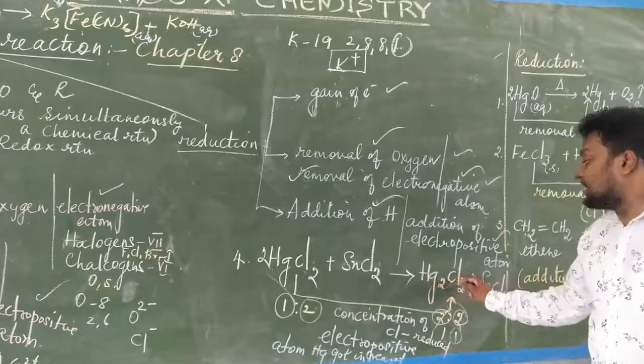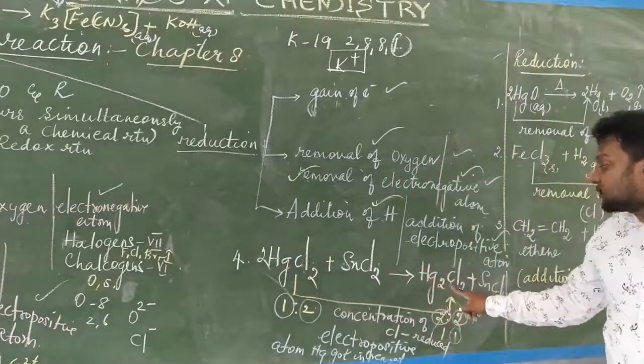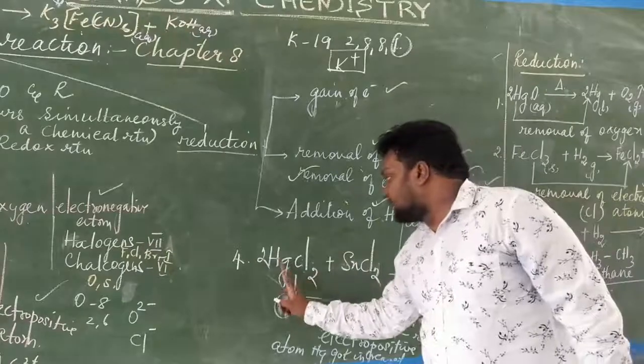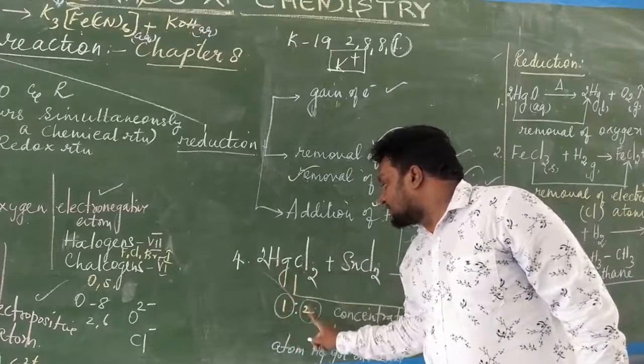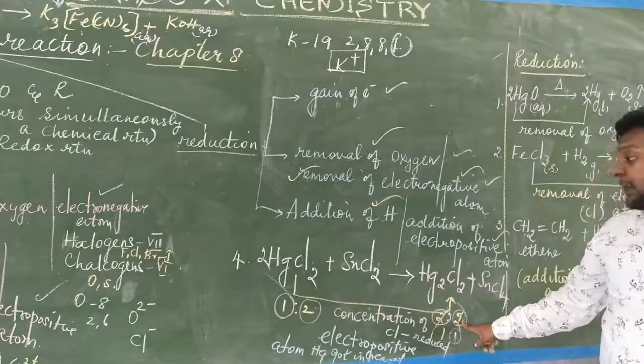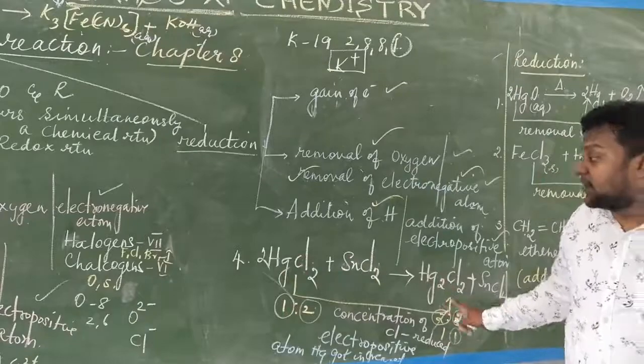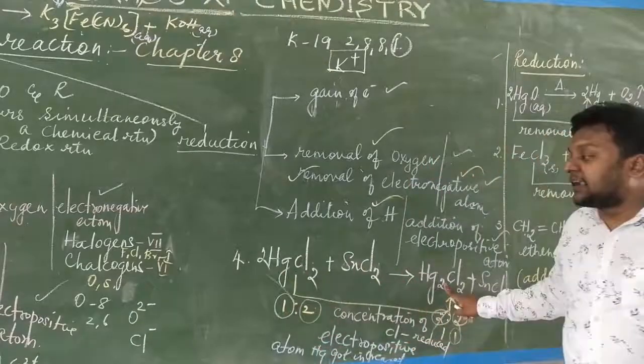So Hg2Cl2. Up here HgCl2, the product is Hg2Cl2. On the reactant side, the number of mercury is 1 and chlorine is 2, so 1:2. Here the number of mercury is 2. So the number of mercury has increased from 1 to 2. That means addition of electropositive metal has taken place.